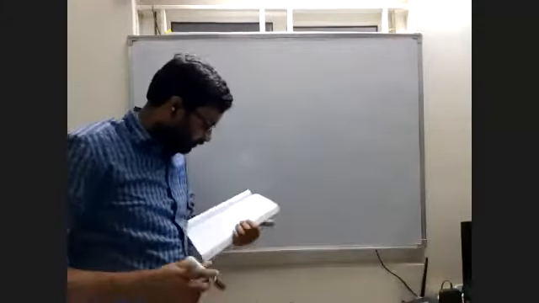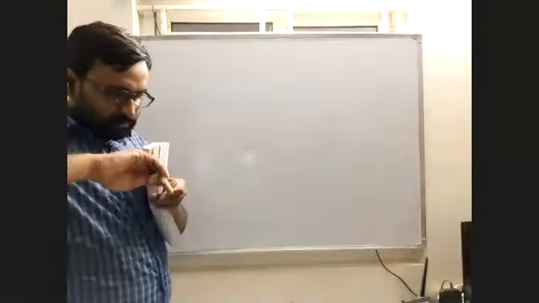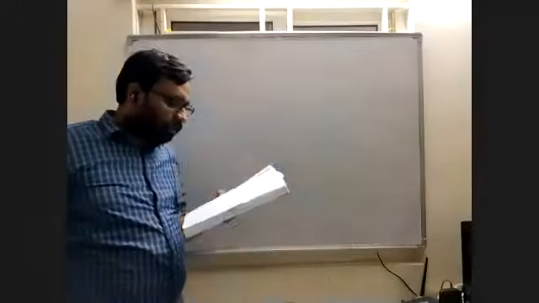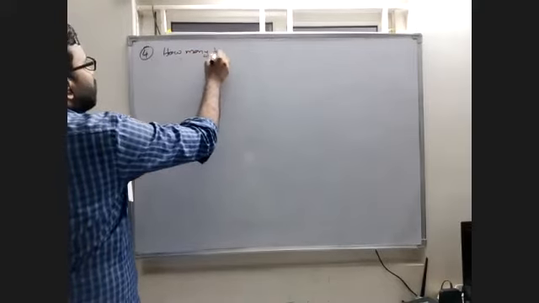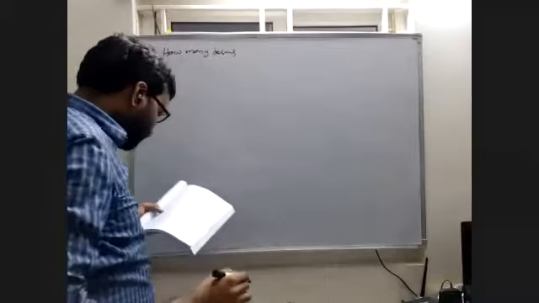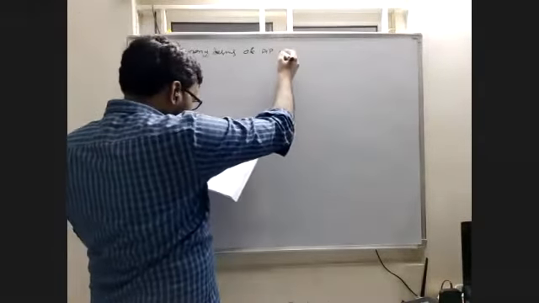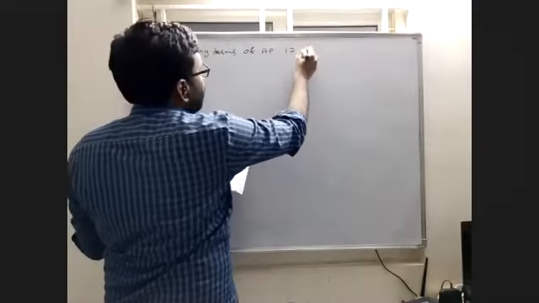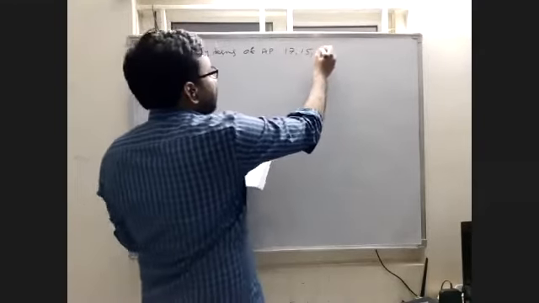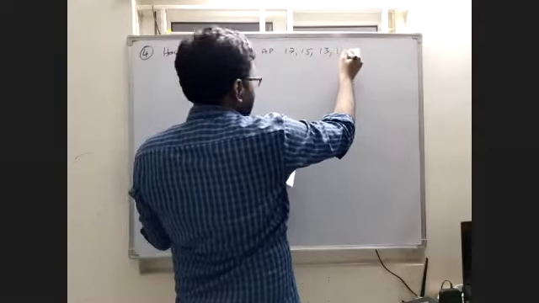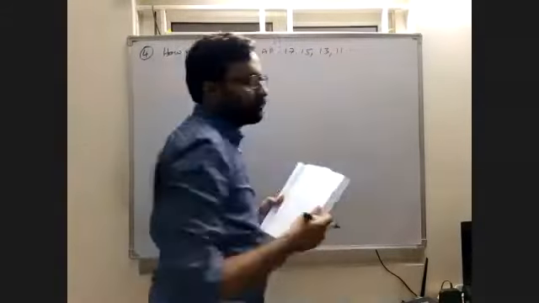This is the question. See, what is the next question saying? Example 4. How many terms of the AP? What is the AP series given here? 17, 15, 13, 11, and so on.